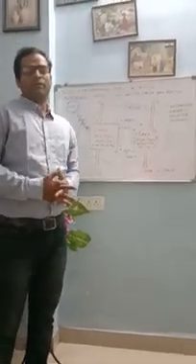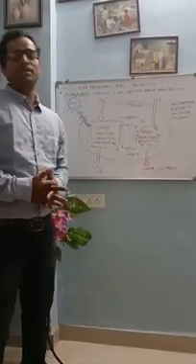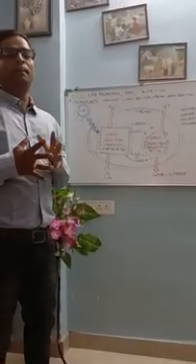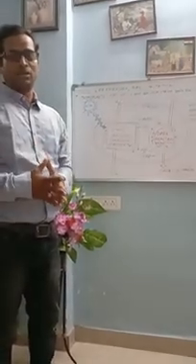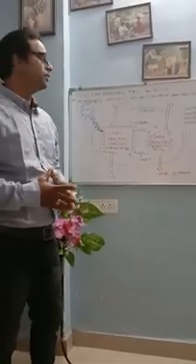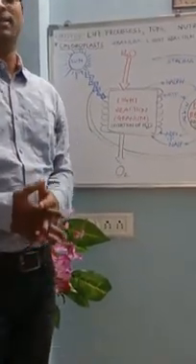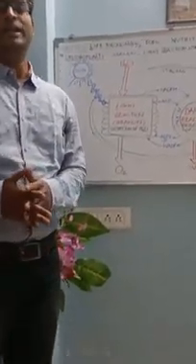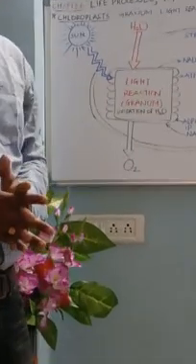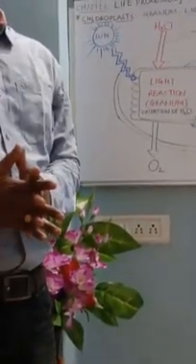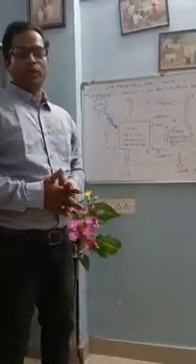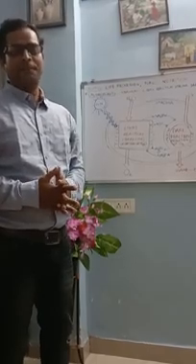So the whole phenomenon of photosynthesis occurs in one of the important organelles of the plants, which we call chloroplasts, one of the types of plastids. Now the detailed structure of this chloroplast you have already discussed in your 9th standard. So you do not need to learn this structure in detail.